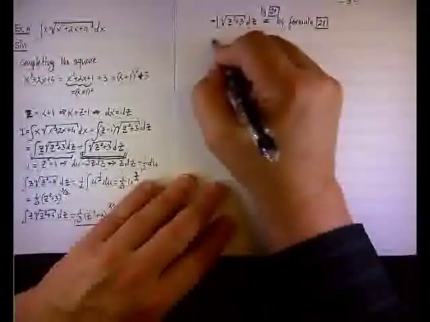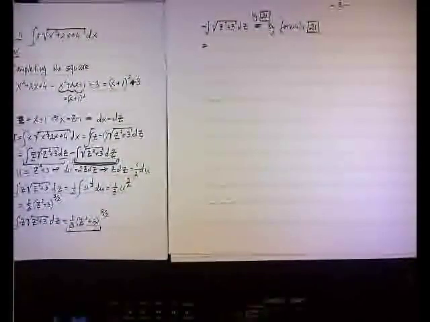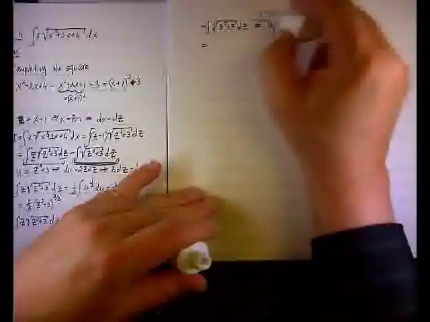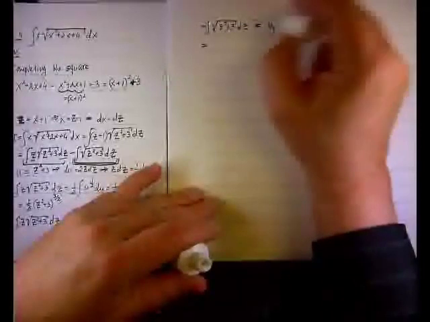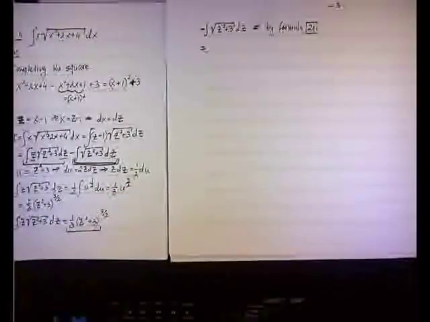Let me write it on the next page. So basically, the only adjustment we need to make, keep z instead of u and put the negative sign up front.